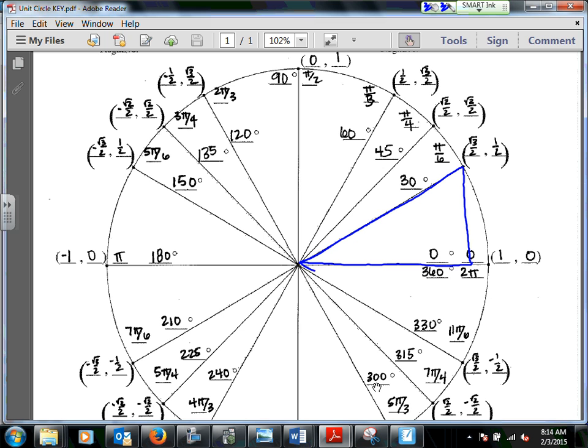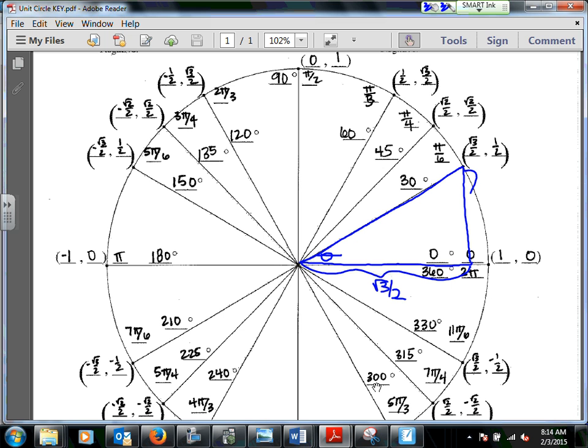What's this distance right here? Okay, and square root of 3 over 2 represents what of this angle? Okay. Radical 3 over 2 represents the cosine, correct?